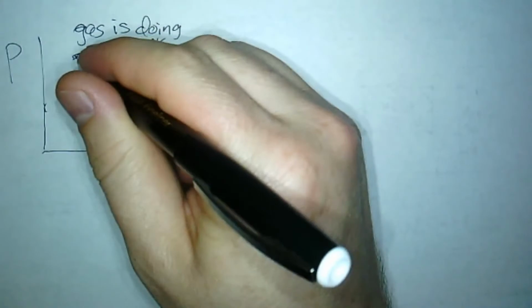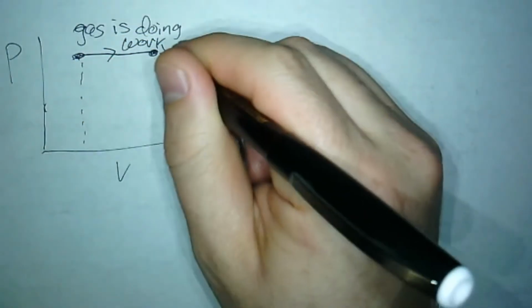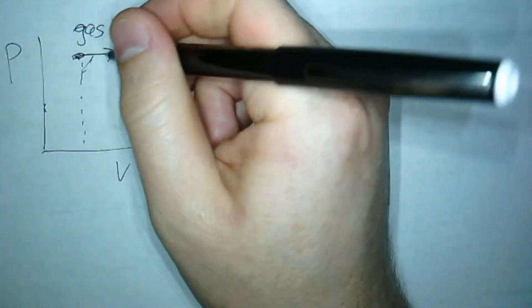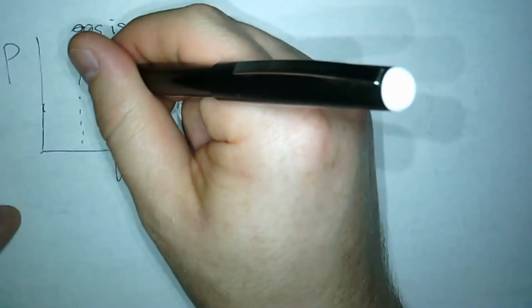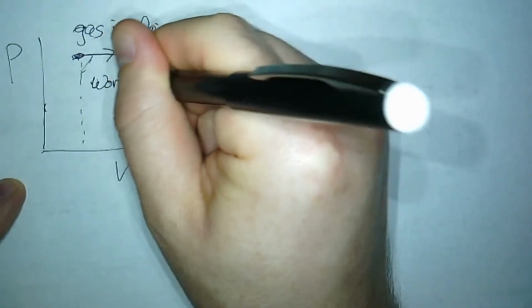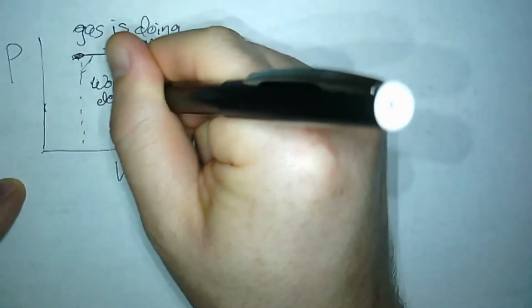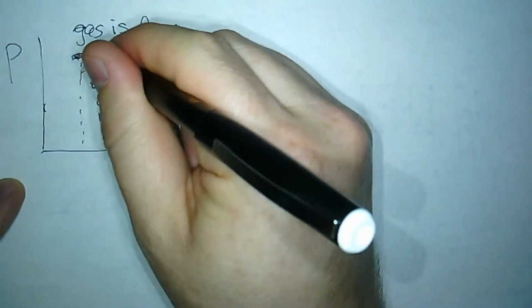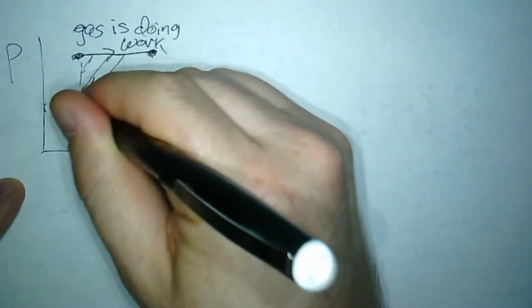So all of this area, if you ask how much work is done to do this, this is work put out by the gas. This is energy leaving, so it's going to be a negative sign. It is all of this area.